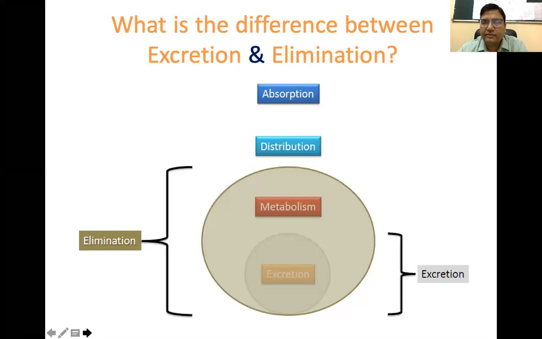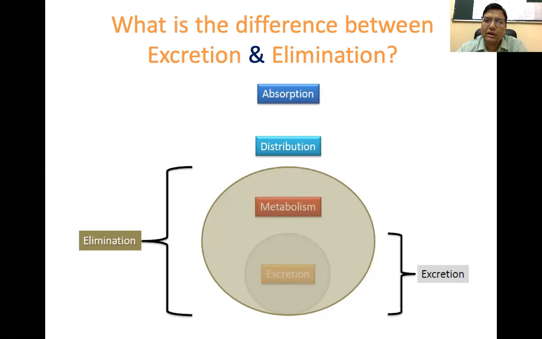So, what is the difference between excretion and elimination? Excretion is a part of elimination. Elimination starts right after drug absorption and distribution in the body. After distribution, the plasma level of the drug starts to fall, and that is elimination.